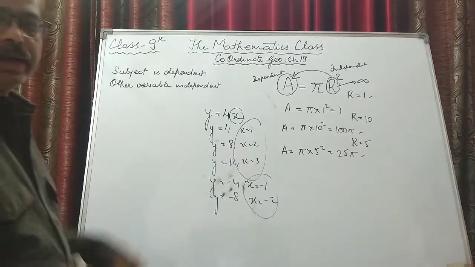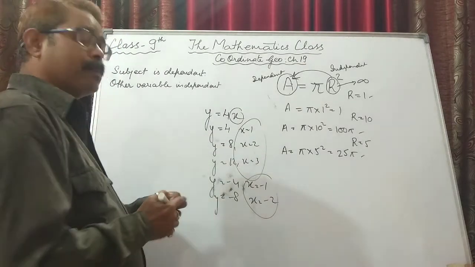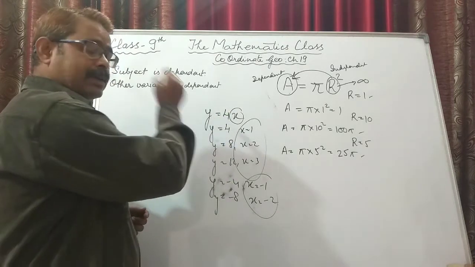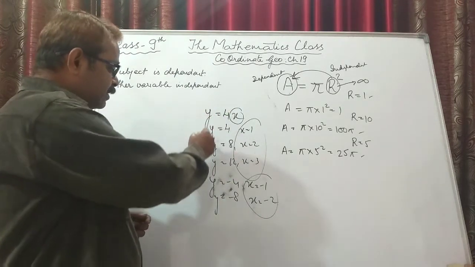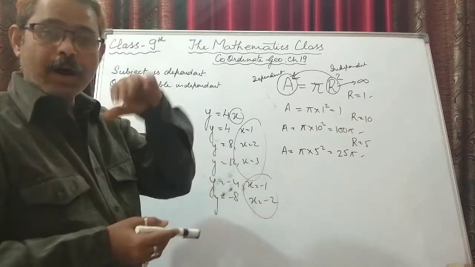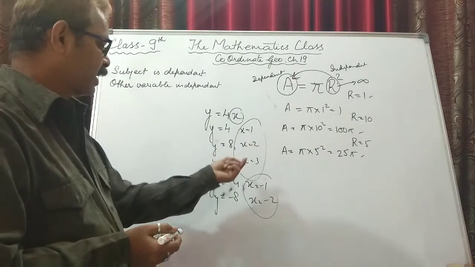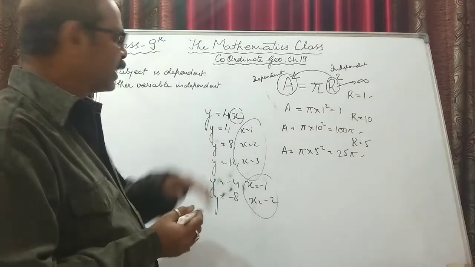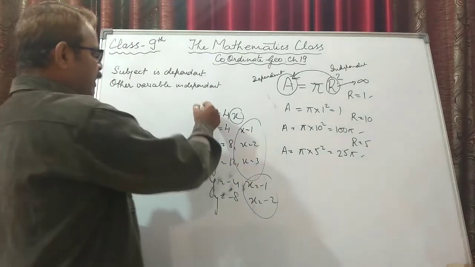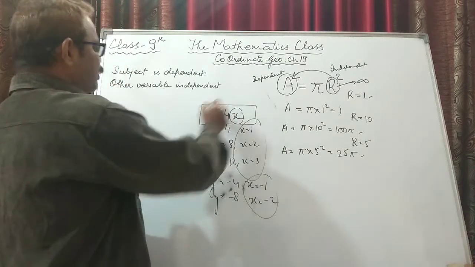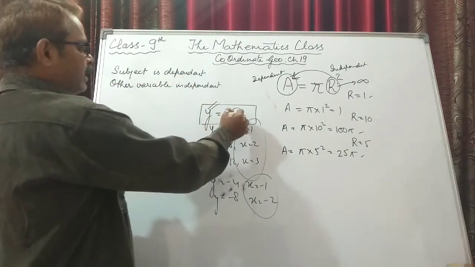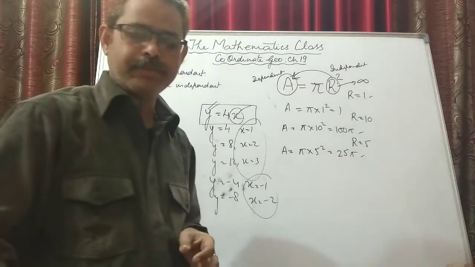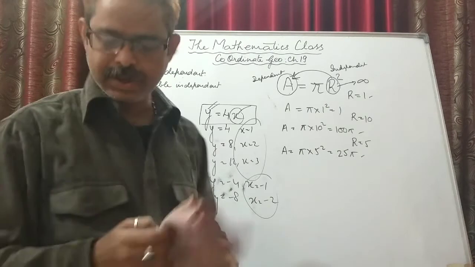So x can take any value from -infinity to infinity, and at the same time y is getting its values out of the values taken from x. So y is dependent and x is independent. In other words, here the subject is y, so y is dependent and the other variable x is independent. I hope the concept of independent and dependent variable is clear.